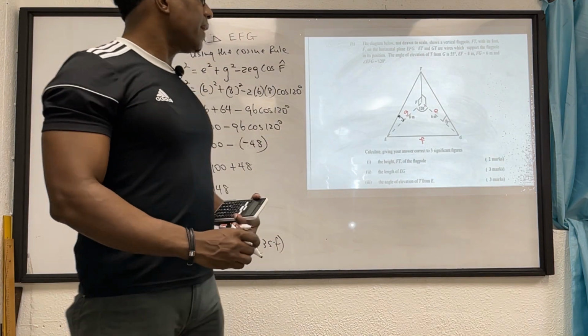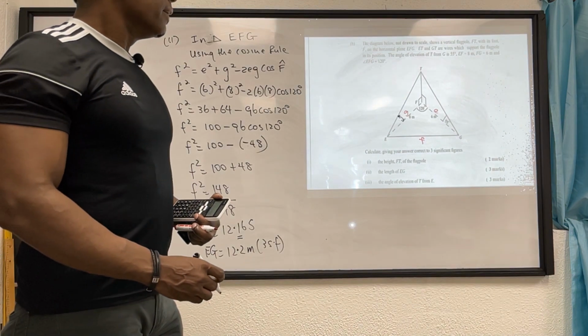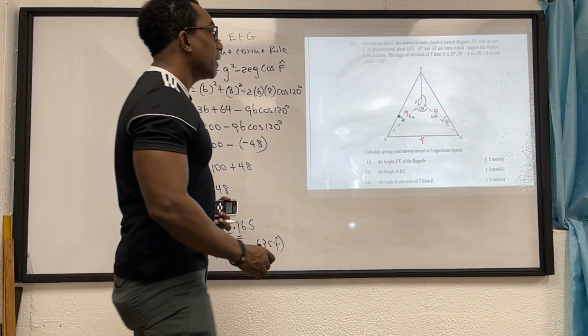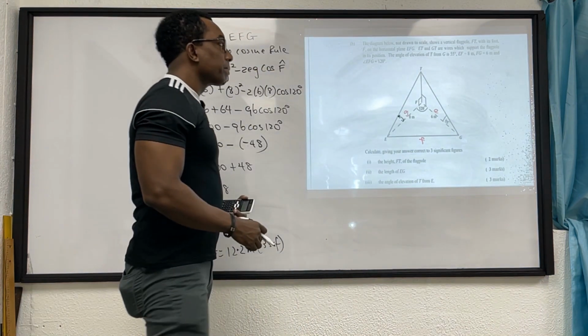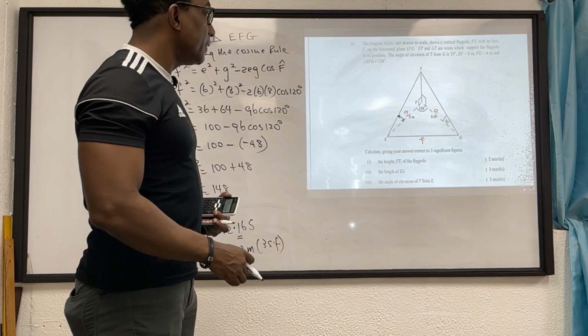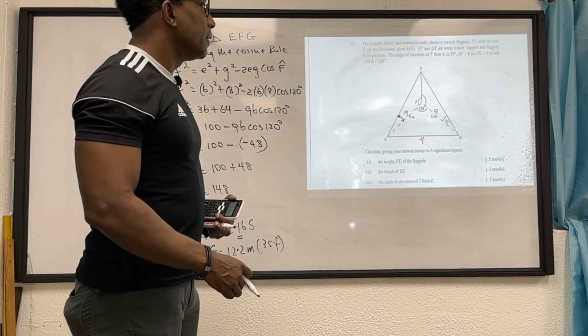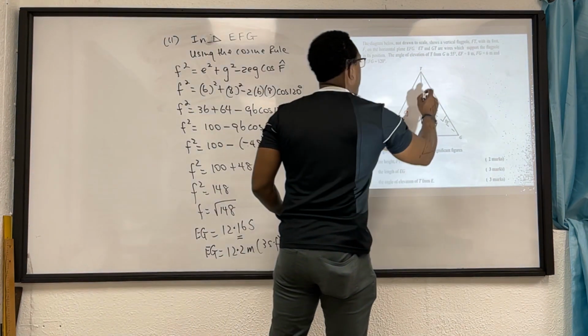So for me to find that angle, what am I going to do? Again, that angle falls within a right angle triangle. That right angle triangle is EFT or TEF. We found FT earlier, and we got FT to be 9 meters.